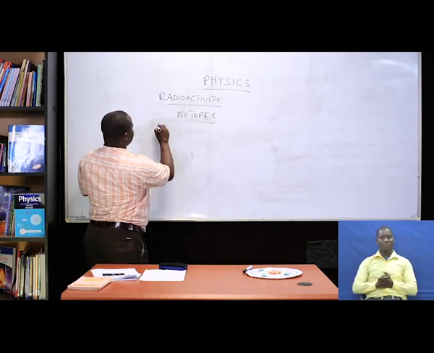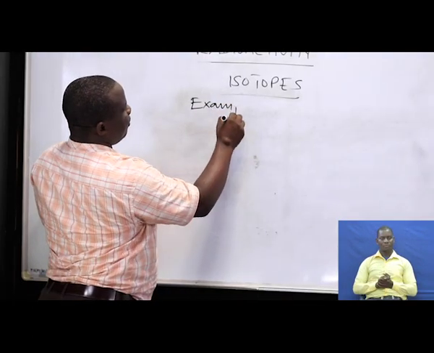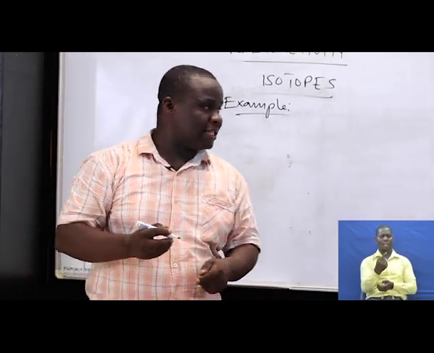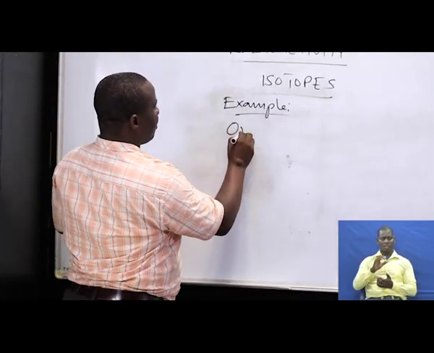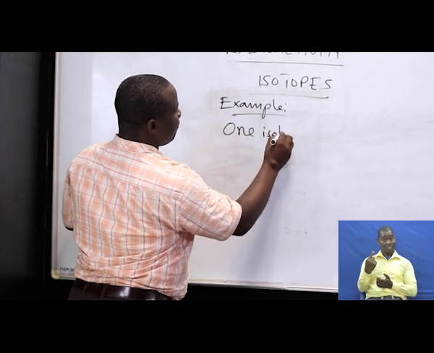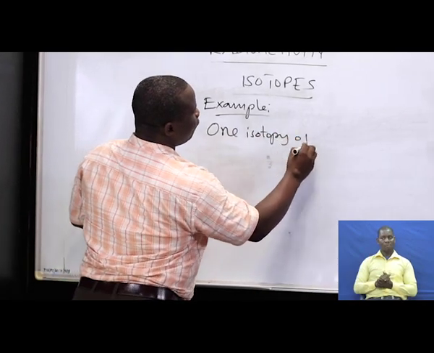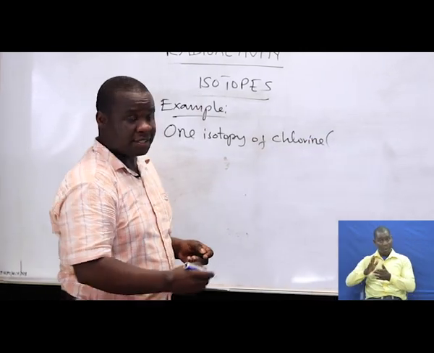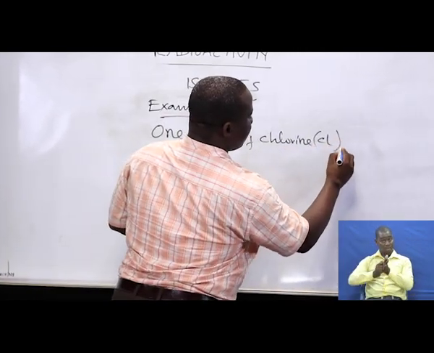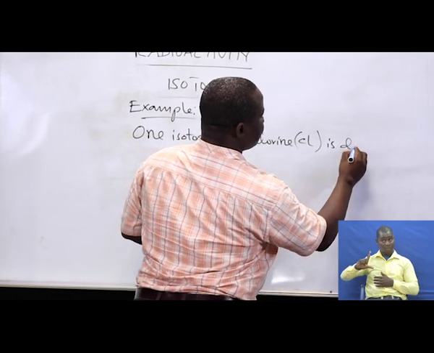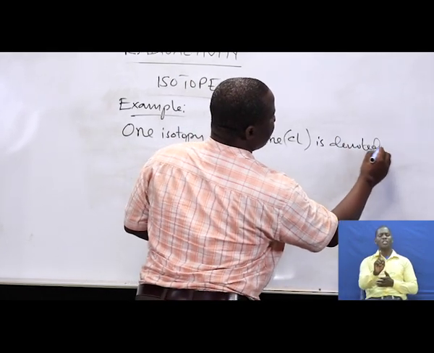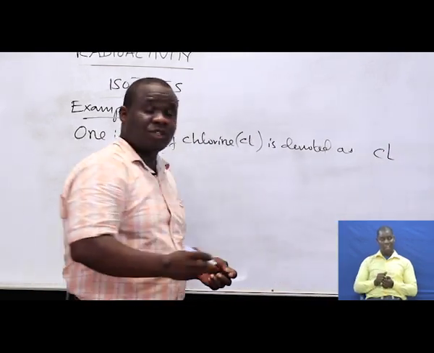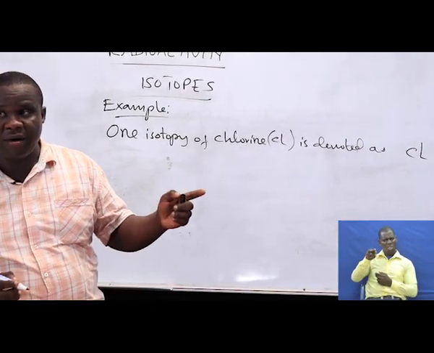Example. You might be given a question asking you that one isotope of chlorine, we know its symbol is Cl, is denoted as chlorine with, what's the atomic number of the chlorine in the periodic table?